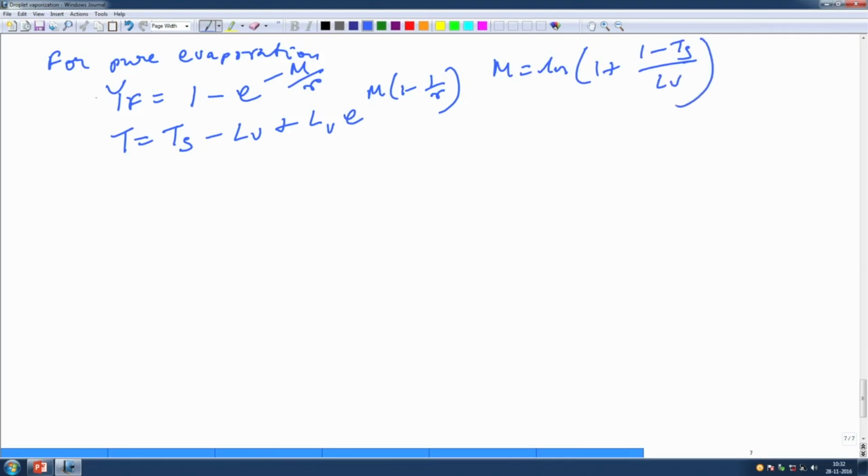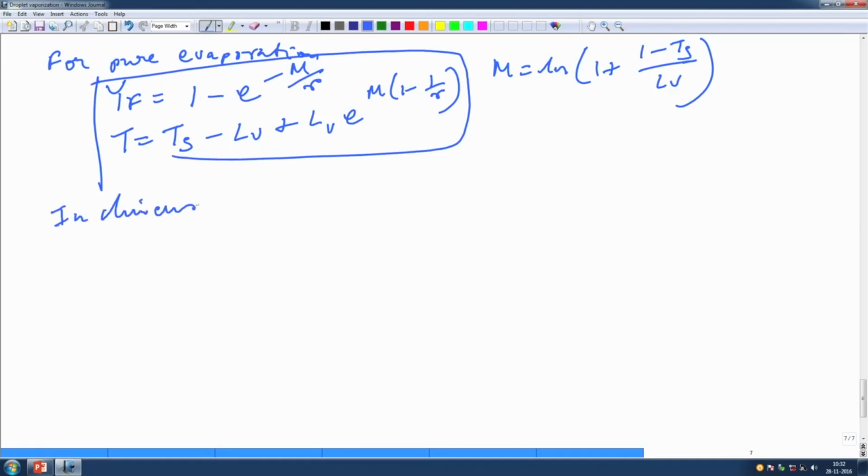Okay. So, that is the pure evaporation. In dimensional form, you can just work out the math because there is nothing more to do apart from algebra.